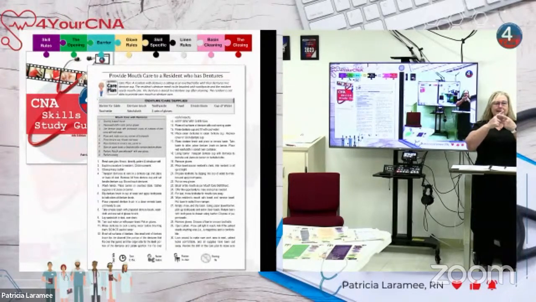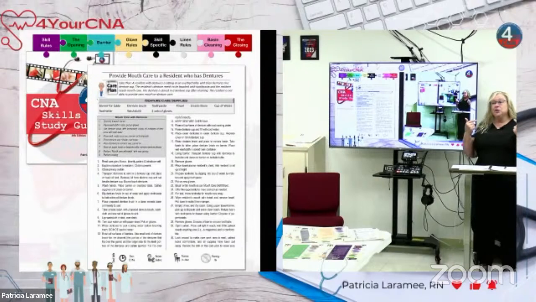That means that these knuckles have to press down on their jaw in order to get leverage to pop up on the dentures. When your knuckles are pressing down on that lower jaw, it is possible to dislocate their jaw because you're not aware of how much force you're actively using. Does that make sense? So CNAs don't take dentures out. It's not our job. We also don't put them in.